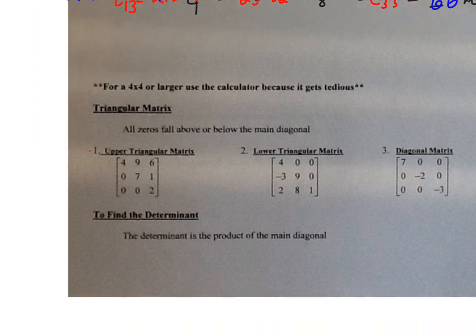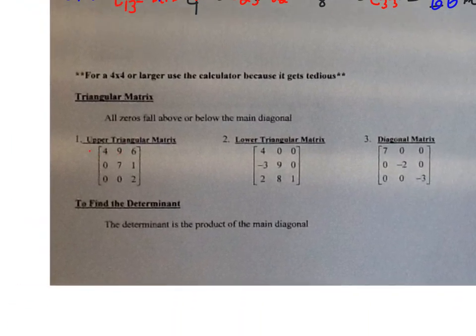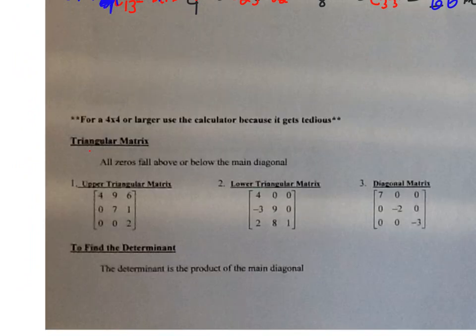Now let's talk about a triangular matrix. Sorry, I don't know why that red dot is there. A triangular matrix is when all the zeros fall above or below the main diagonal.